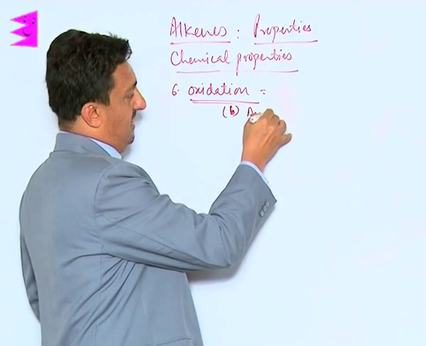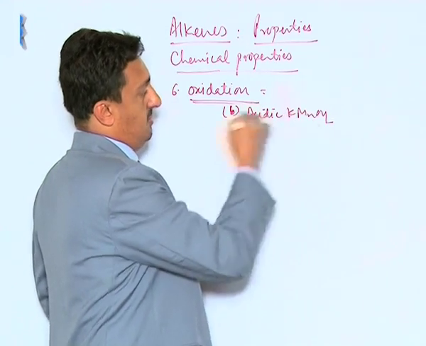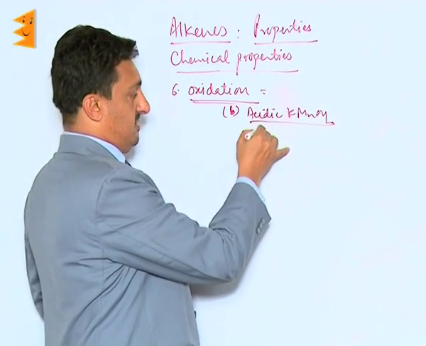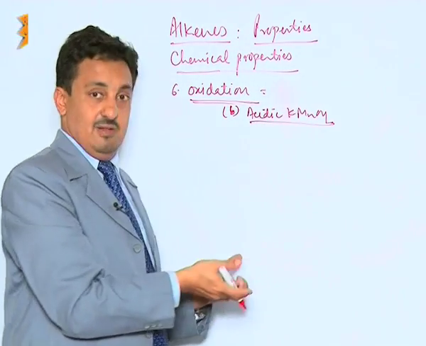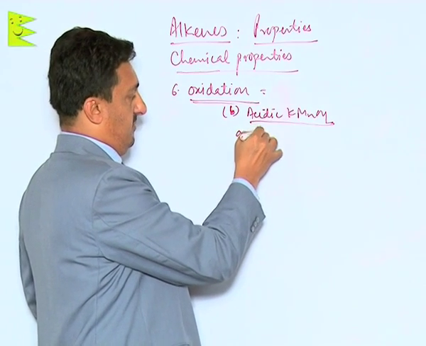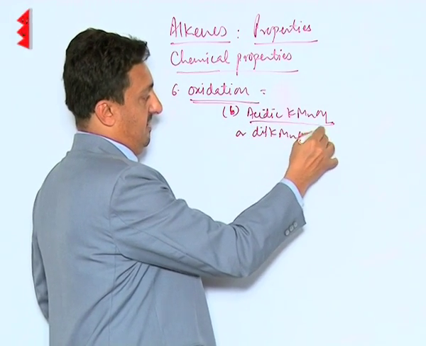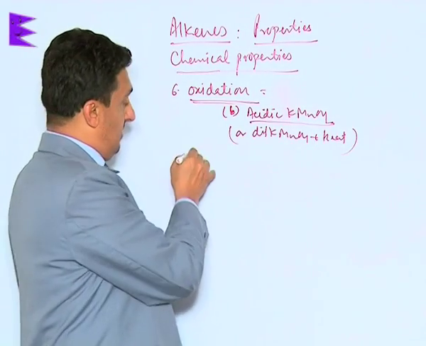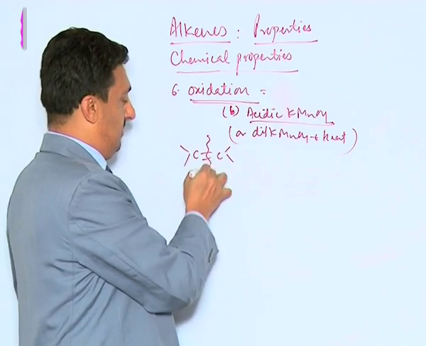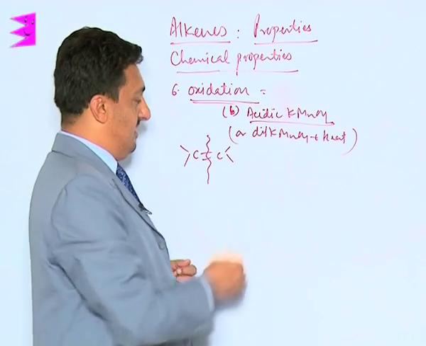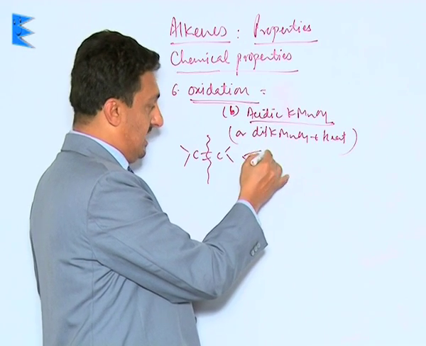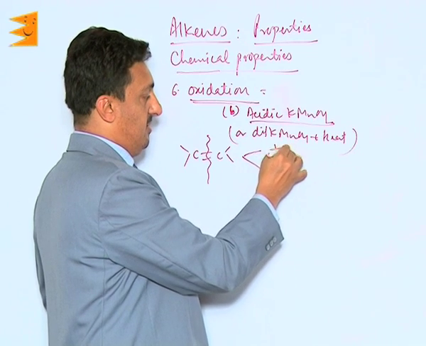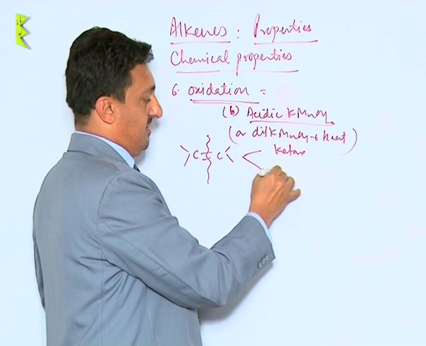The moment we take acidic KMnO4, or we take the simple KMnO4 on heating also, KMnO4 plus heat, even then what happens is the breaking of the alkene takes place from the double bond position, and this results in the formation of either an aldehyde, most probably a ketone, and a carboxylic acid.